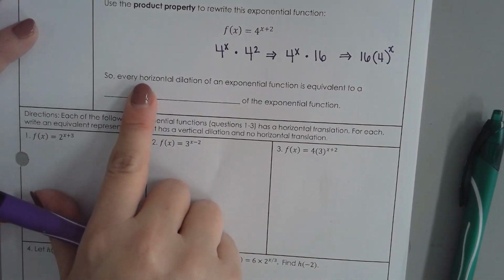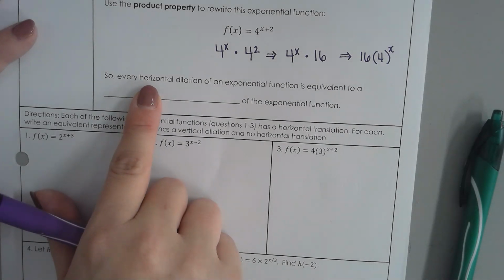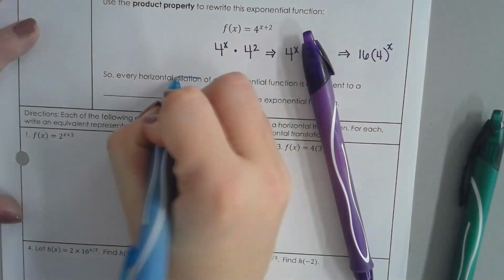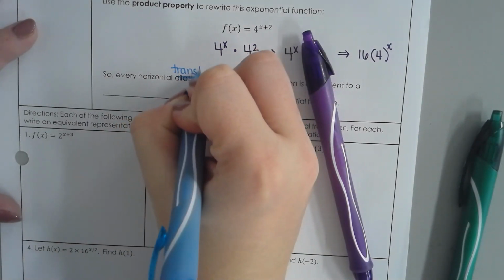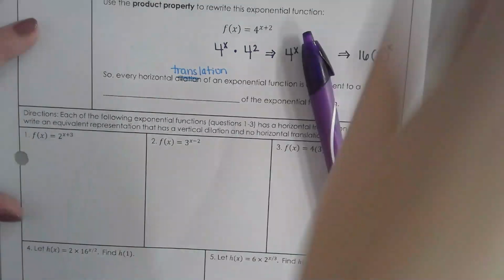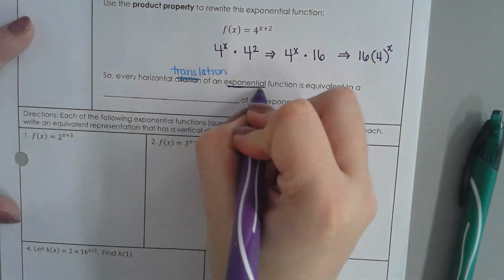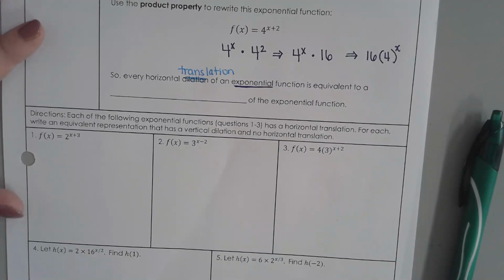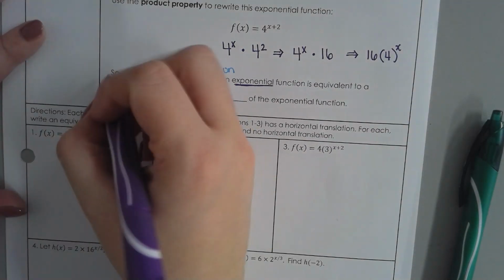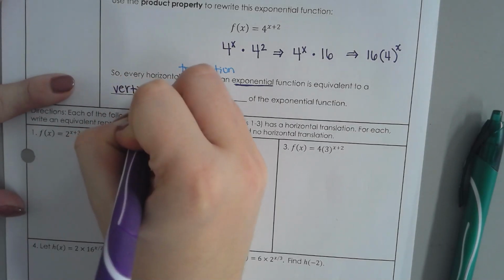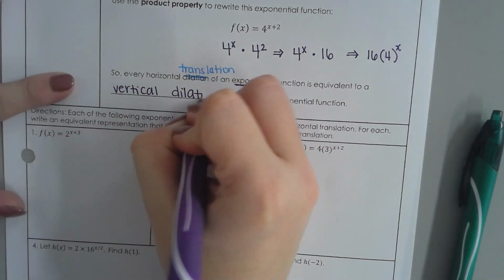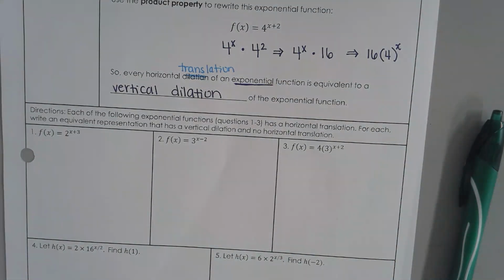So, every horizontal translation of an exponential is the same as a vertical dilation. Just using your exponent rules, you can take something that looks like it moves left or right, make it look like I've dilated it. I've stretched it.